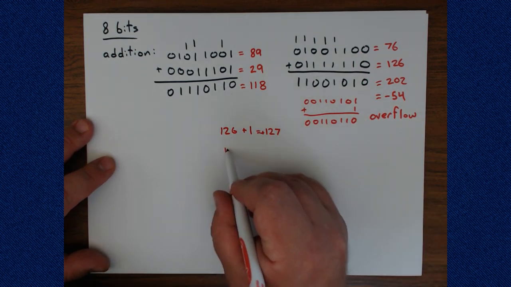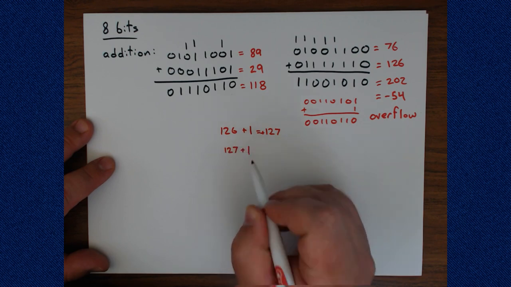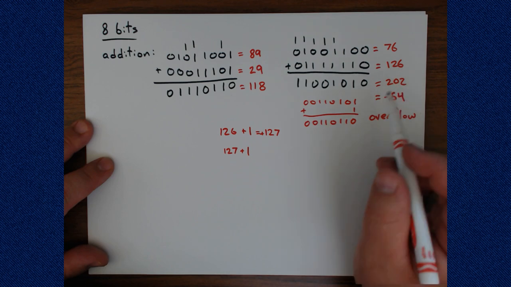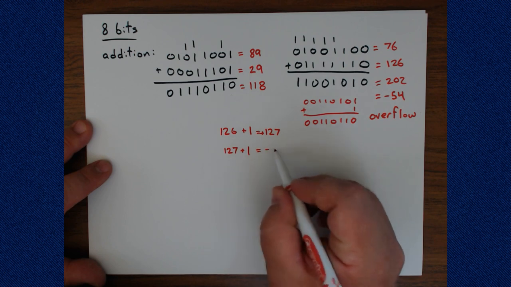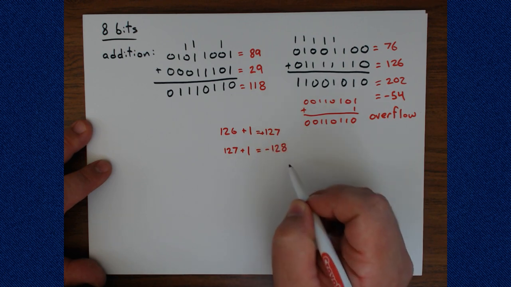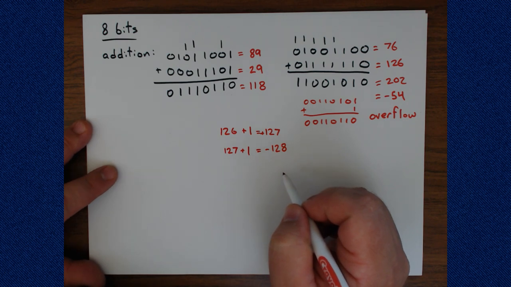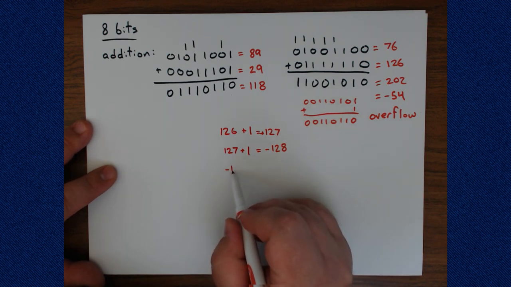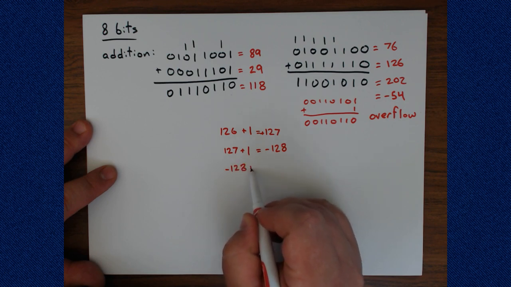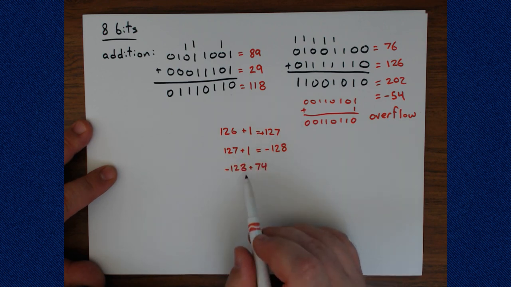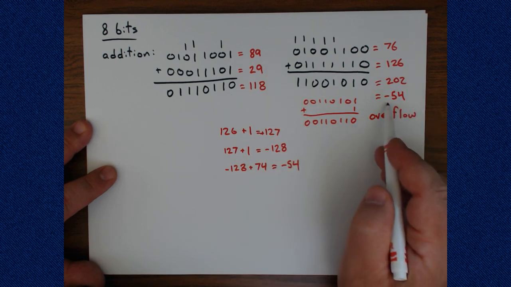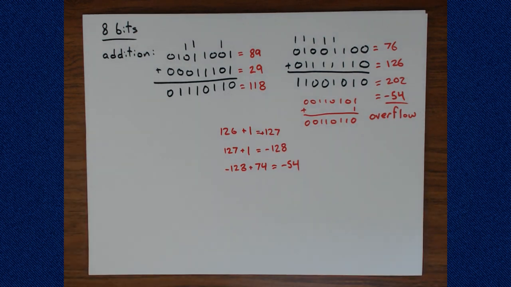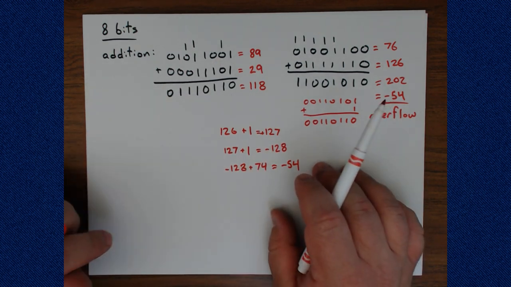So if I now take 127 and add 1 more from our original 76, which has happened twice, we'd be left with 74 to add, that's actually going to give me negative 128. So I have 74 more to go, and if I take negative 128 and add to that 74, we get negative 54, which is what we came up with over here. So you see, even with the signed interpretation, the mechanics give us the correct result.